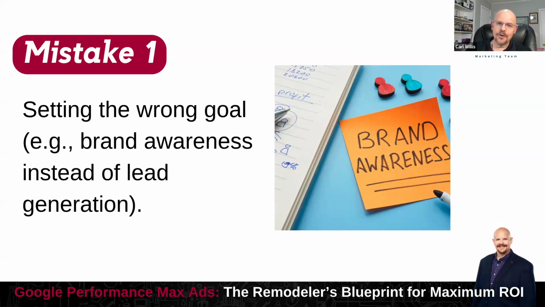If you're wanting brand awareness on the other hand, then set brand awareness for your campaign, but make sure that your campaign objective matches up to what it is that you're truly trying to accomplish so that Performance Max is operating according to the strategy that you are wanting it to deploy.